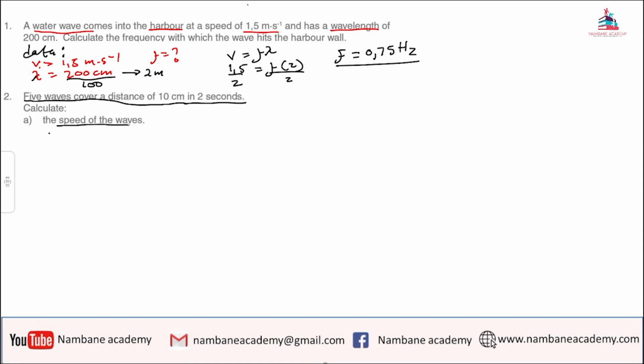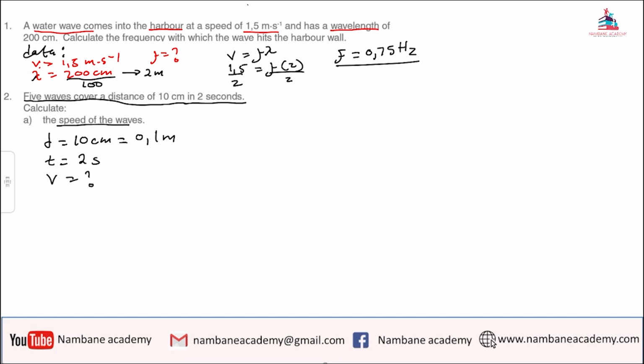The distance that is given, D, is just 10 centimeters, already divided by 100, 0.1 meter. T is given now as 2 seconds. What are they asking us? They are asking us for V, which is now the speed.